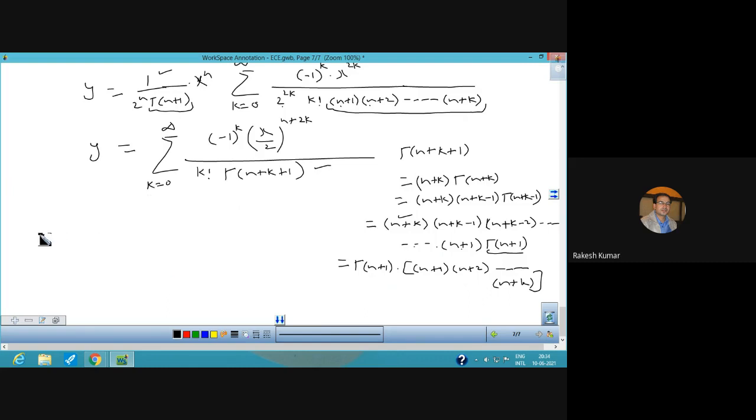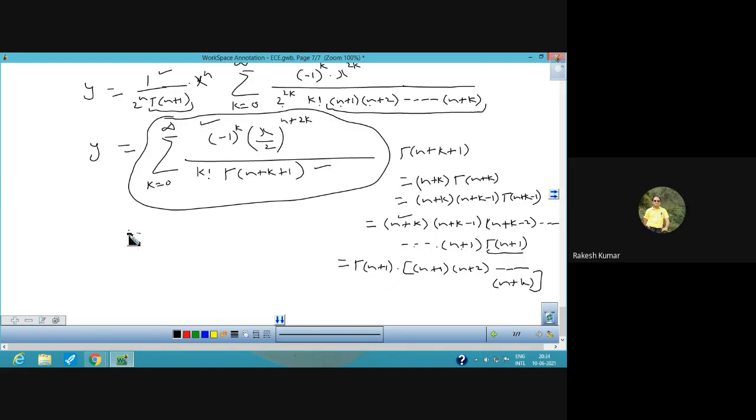Now, this particular solution of the Bessel equation is known as Bessel function of first kind of order n. This particular solution is known as Bessel function of first kind of order n, and it can be denoted by J n x.